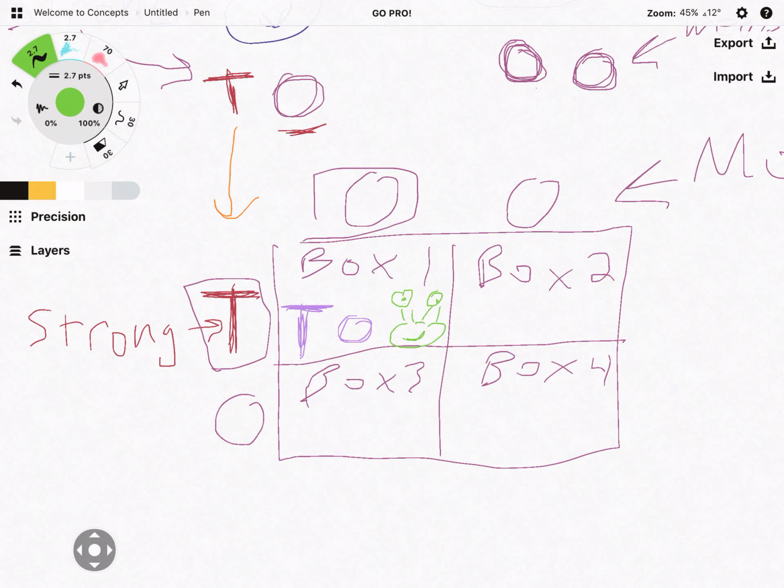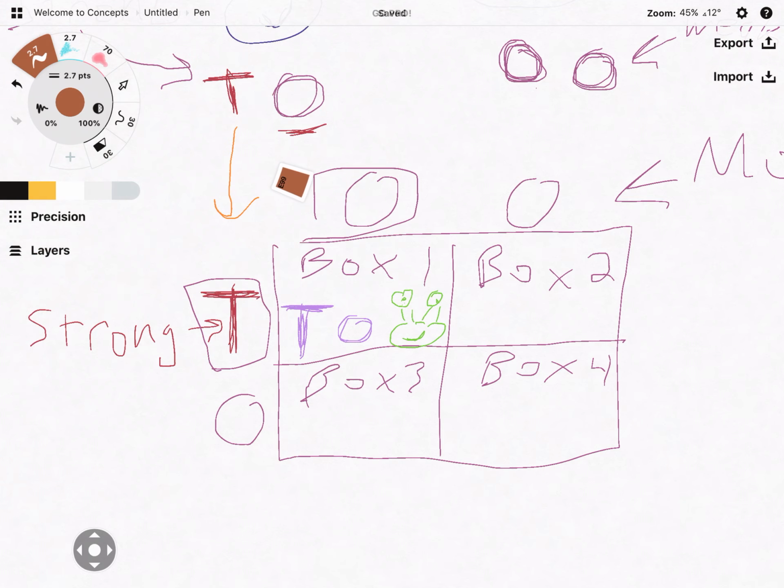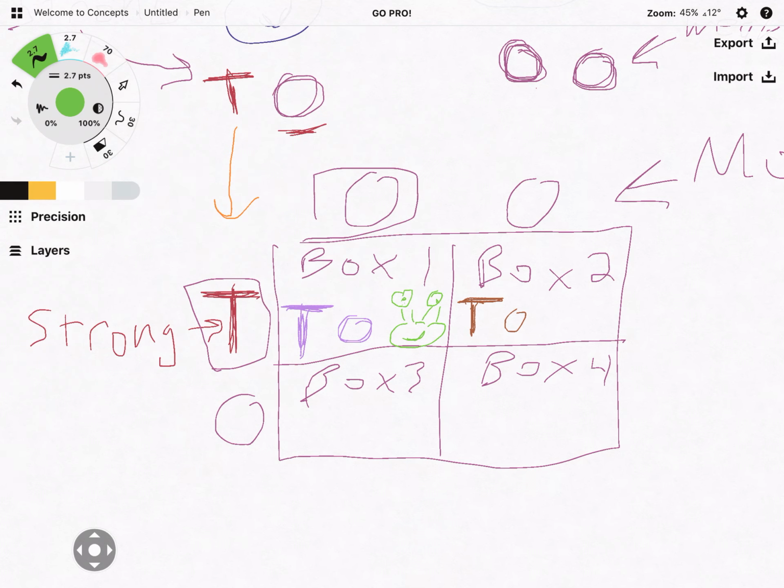Now, let's look at box 2. Again, in box 2, the dad is going to be giving the gene for 2 eyes, which is stronger, and the mom is going to be giving the 1-eye. And because that 2-eye gene is stronger, we'll have another 2-eyed alien here. Now, let's look at box 3.